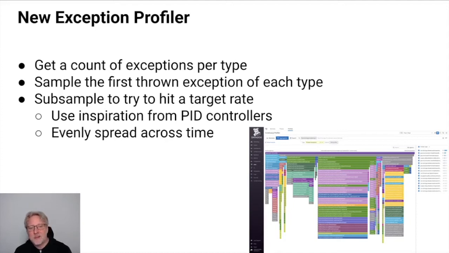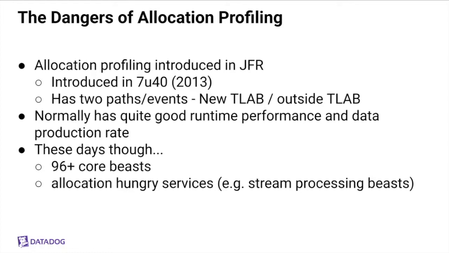And then we try to subsample to hit a certain target rate. We're using inspiration from PID controllers to try to get these events evenly spread across time. We'll talk about this a little bit later when we do the allocation profiler, because we later built a new allocation profiler for JFR, and we were inspired by the work that was done for the exception profiler.